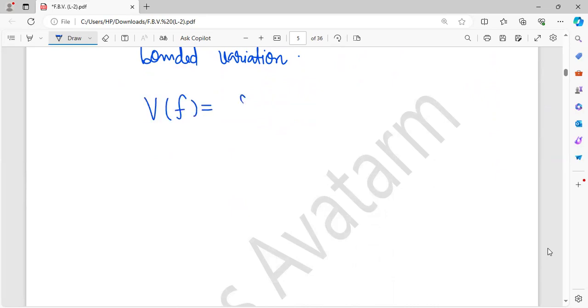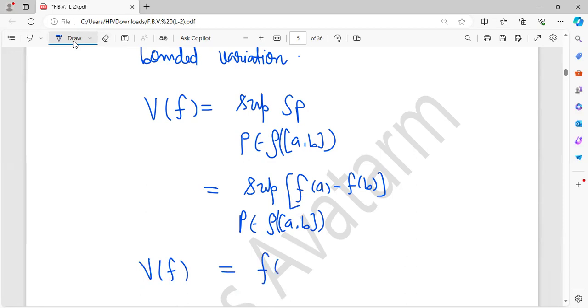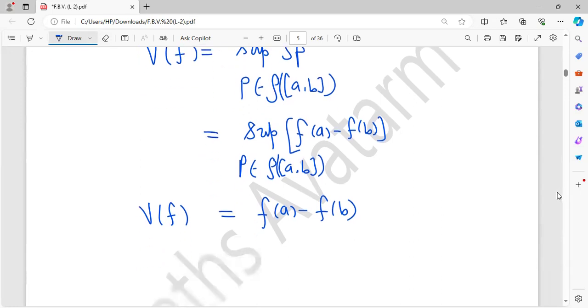VF is equal to the supremum of SP, but SP is nothing but FA minus FB.